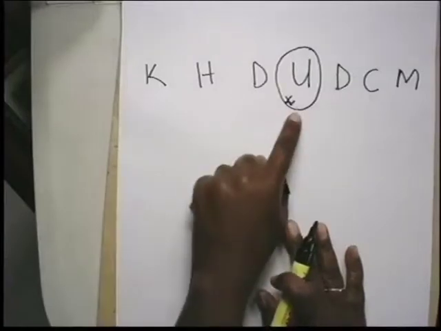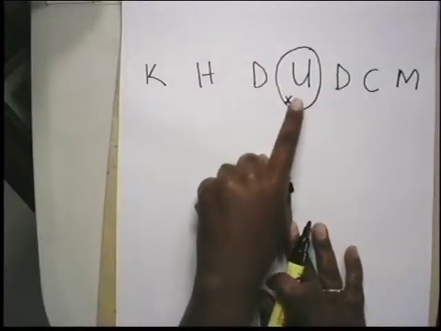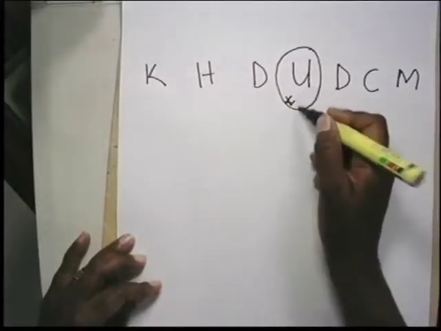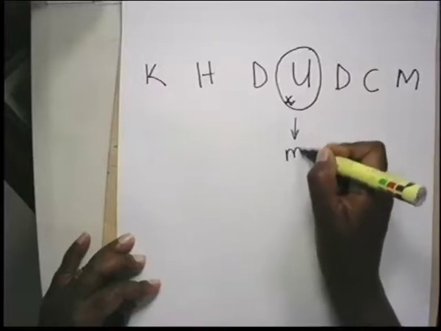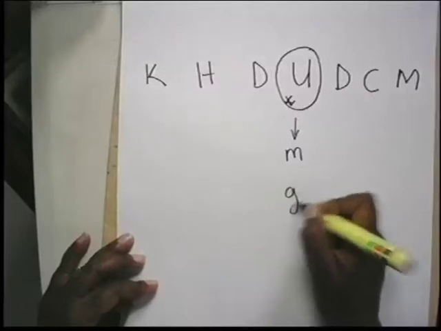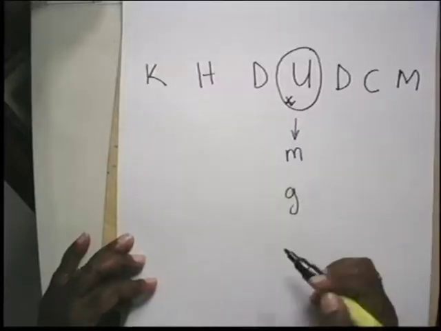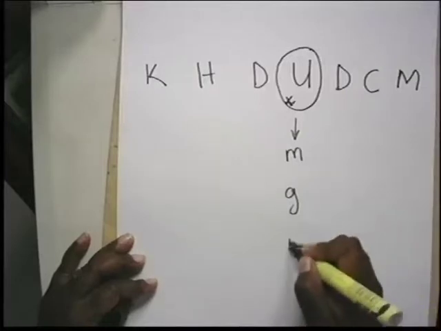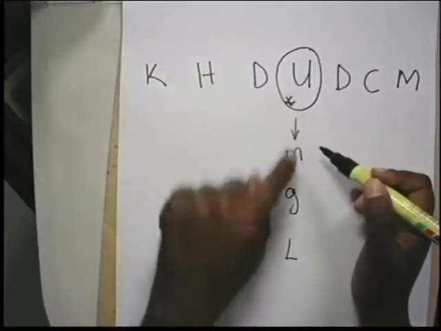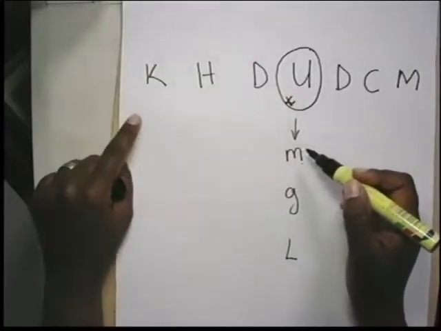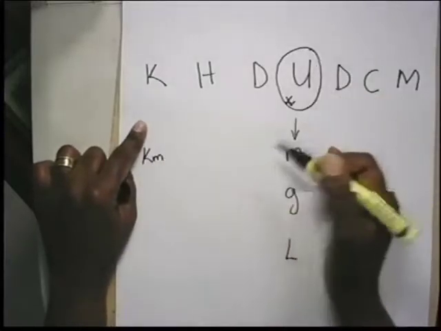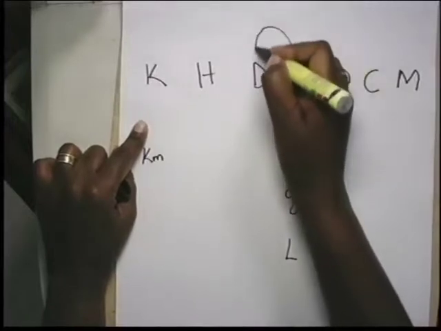So here, let's say we start with U, which is a unit. It depends on what you are measuring. Is it distance? If it's distance, the unit for distance is meters. If it's mass, the unit for mass is grams. If it's volume, then it could be liters. So let's start with meters. If we have a unit which is meter, and you are given kilometers, then for you to be able to convert, you have to count. This is based on 10.